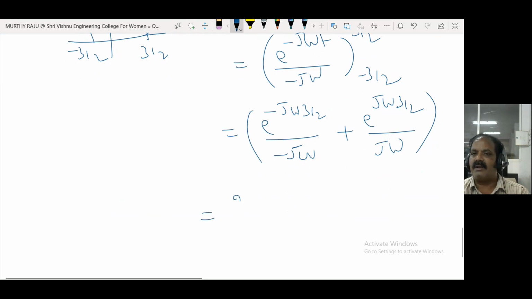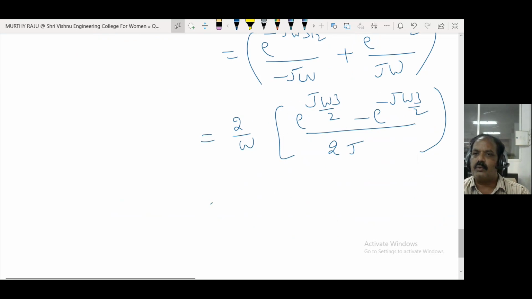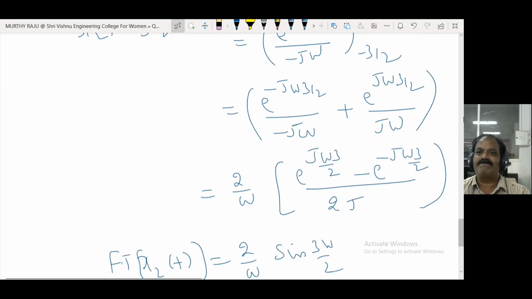Multiplying numerator and denominator again, e power j omega 3 by 2 minus e power minus j omega 3 by 2 by 2j. Therefore, this is 2 by omega sine 3 omega by 2, the Fourier transform of x2 of t.